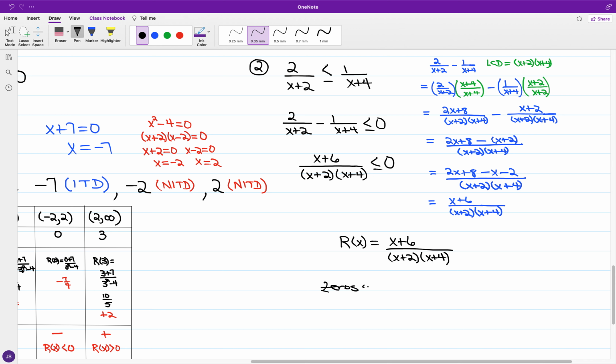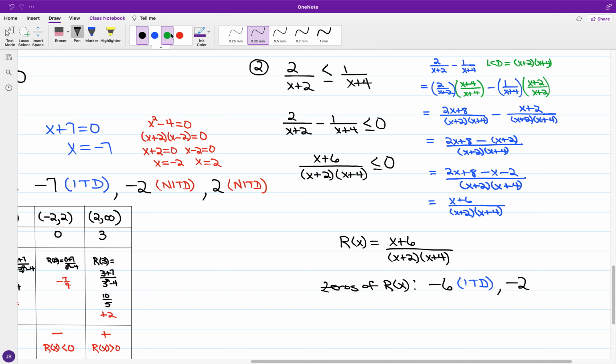And we'll just go ahead and arrive at the zeros. We have the zero of r of x from x plus 6, which is negative 6. Since x plus 6 is in the numerator, the zero is going to be in the domain. With x plus 2 and x plus 4 in the denominator, their zeros are not going to be in the domain.